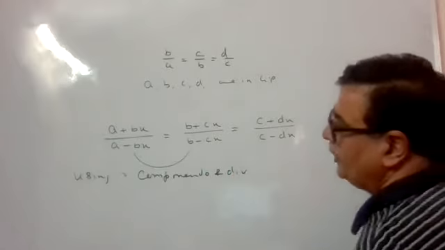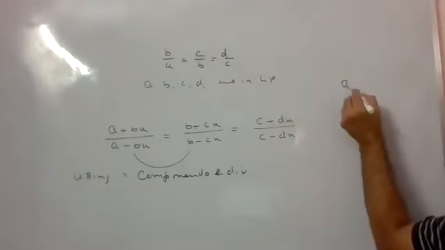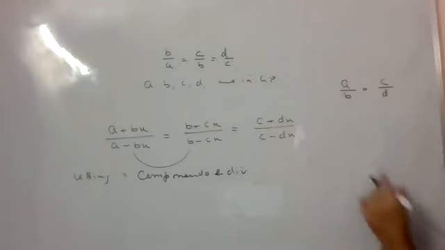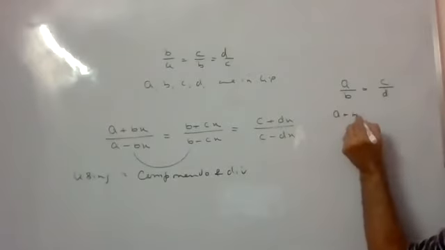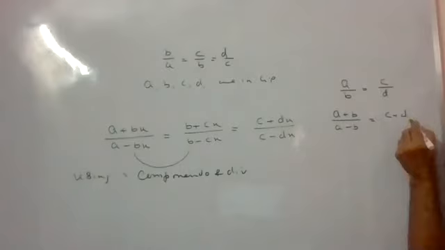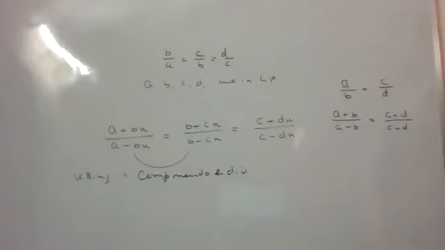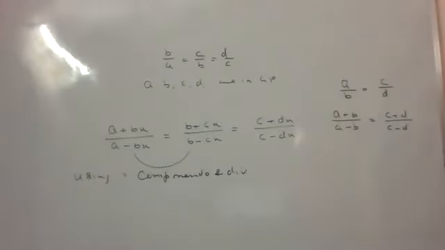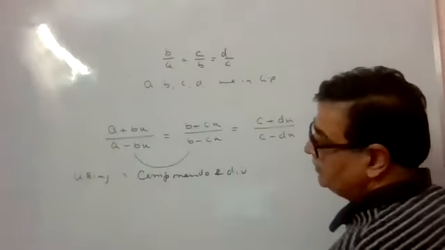What componendo dividendo says is that if you have A by B is equal to C by D, then this is also the same: A plus B by A minus B is equal to C plus D by C minus D. So I'll use this and we will solve this question.